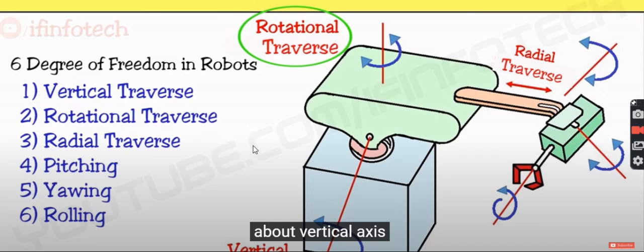Further, if you take another robot, here you can see the rotational traverse and radial axis are present. So in all the robots they will be present.